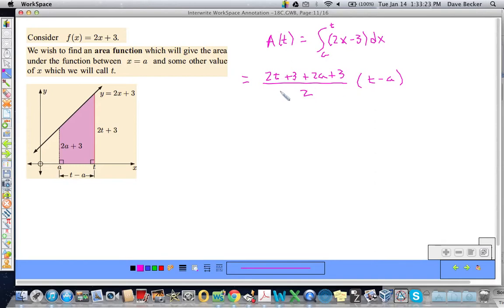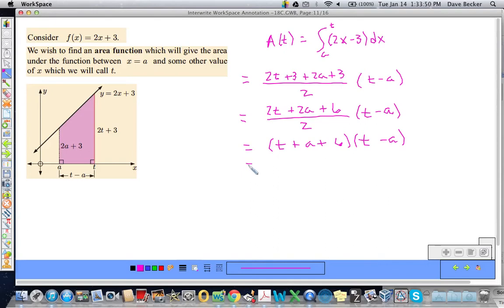So 2t plus 2a plus 6 all over 2 times t minus a. Oh, they're all divisible by 2. That's helpful. Equals t plus a plus 3 times t minus a.